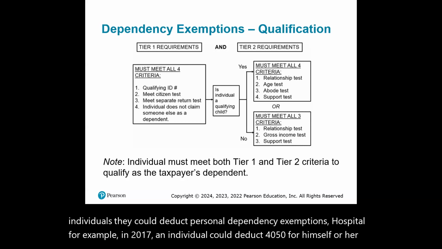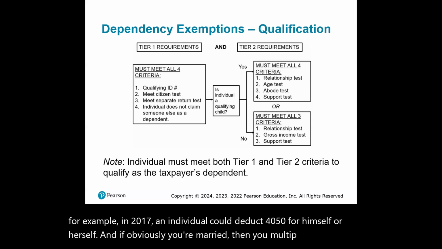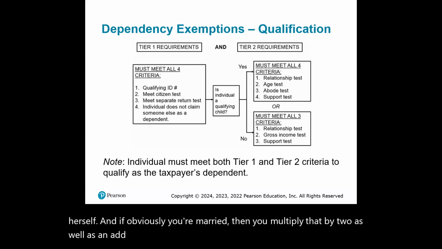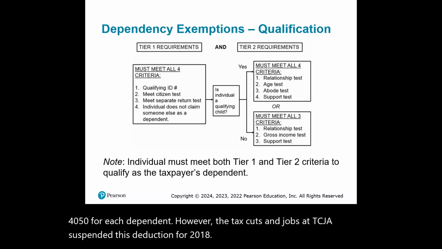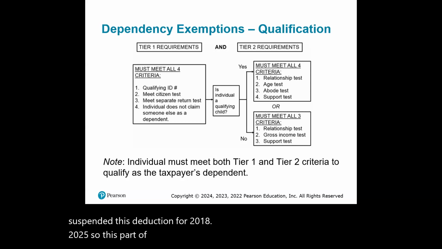And if you're married, then you multiply that by 2, as well as an additional $4,050 for each dependent. However, the Tax Cuts and Jobs Act, TCJA, suspended this deduction for 2018 through 2025. So this part of the tax law might or might not change.